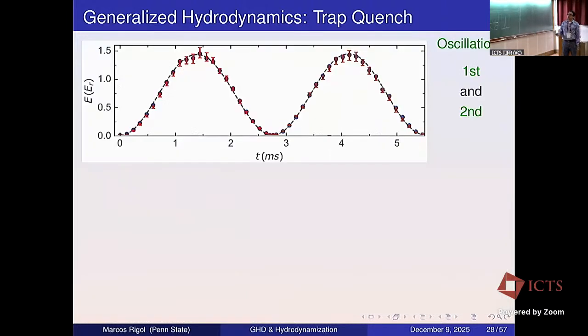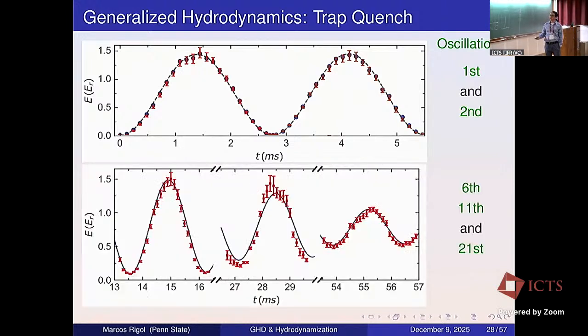With those profiles, you can then calculate the sum of the interaction plus kinetic energy, which oscillates here. During the first two oscillation periods, the experiment and the theory are on top of each other. And you can go to very long times, of the order of 60 milliseconds, and at least this energy is still described by the theory.